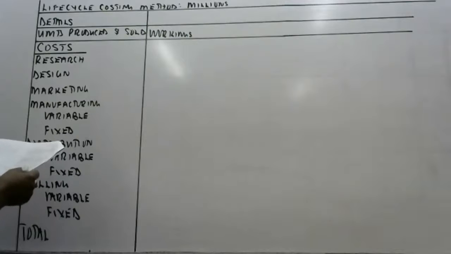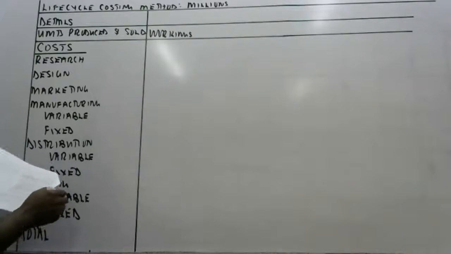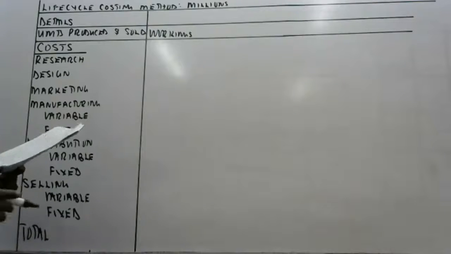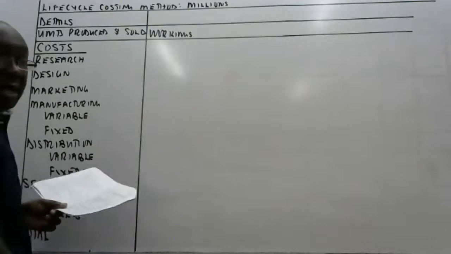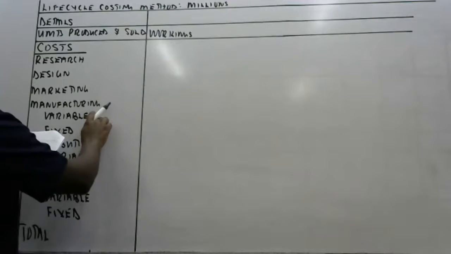And for me to be guided by, to know where my table will get to, let me start with the one that has the longest working, this one of manufacturing.